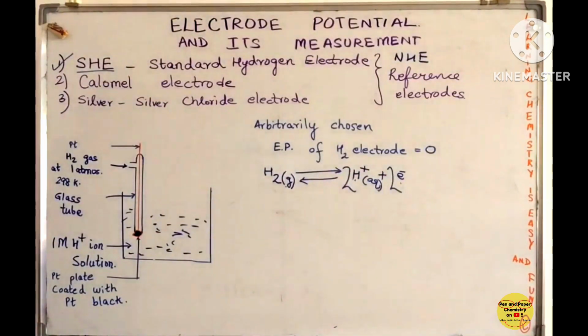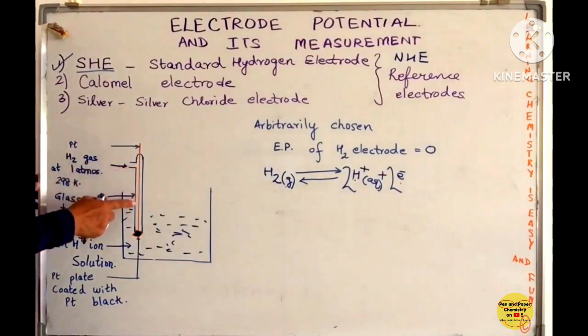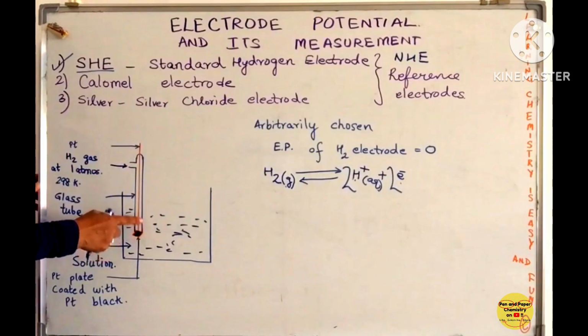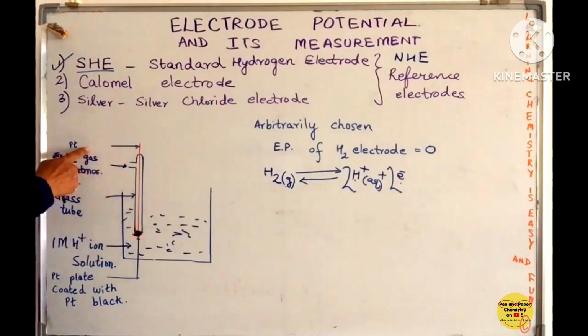Now hydrogen gas as a reactant means I need hydrogen over here. Now hydrogen, you know that it's highly inflammable, very light gas, so all that is there. So we have to be very particular about the apparatus that we are going to use over here. Now this blue line that you see over here, the outer, is nothing but a glass tube. Inside this glass tube we have fused a platinum wire.